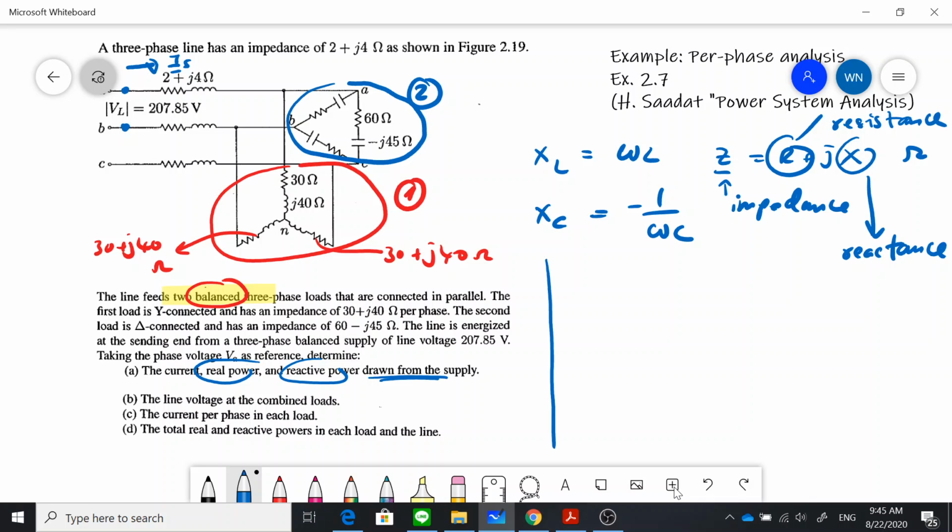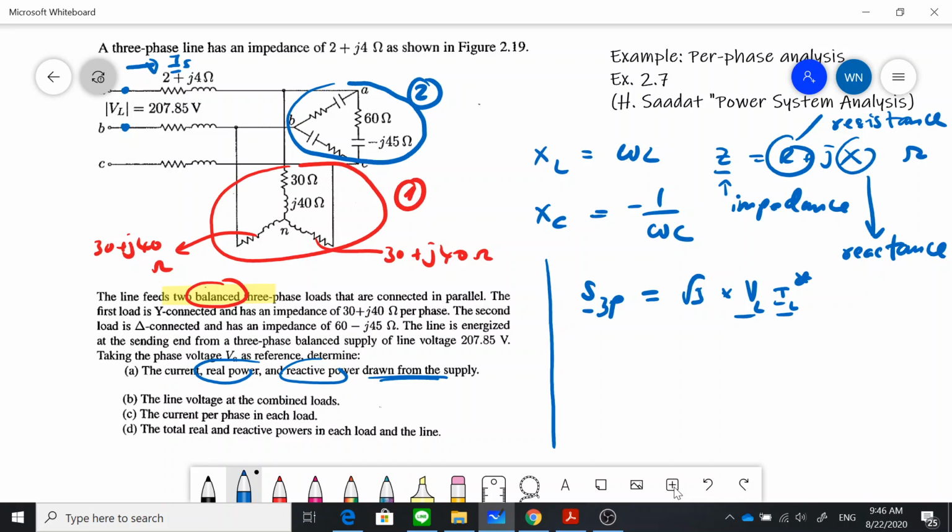So you should think of the formula for S three-phase, because it is a three-phase system. S three-phase is equal to root 3 times V line-to-line times I line, or we should write V line times I line conjugate. We are talking about the three-phase power at the supply side, so the V line-to-line here is at the supply side and is already given.